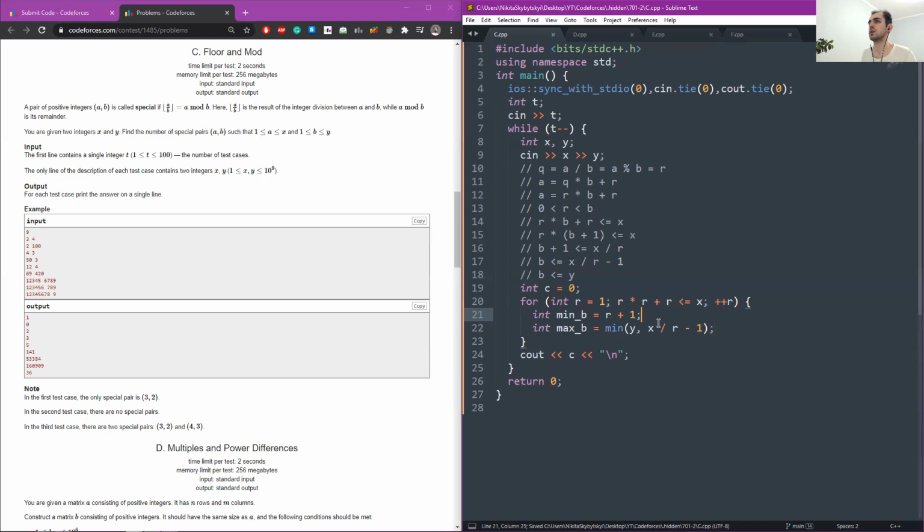So B got to be smaller than the minimum of 2. Smaller or equal.